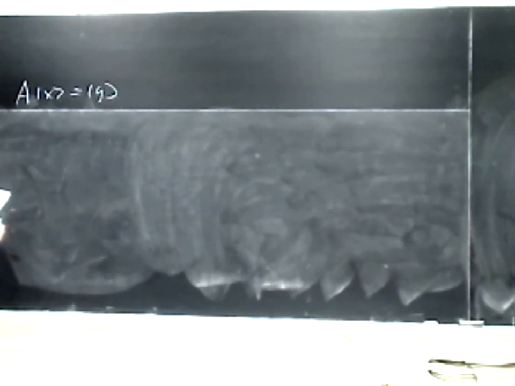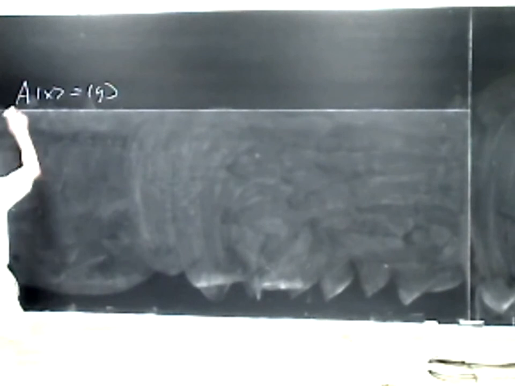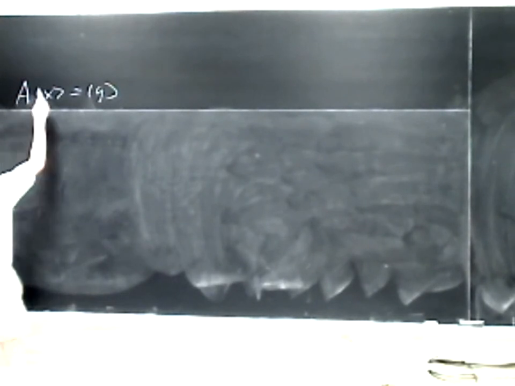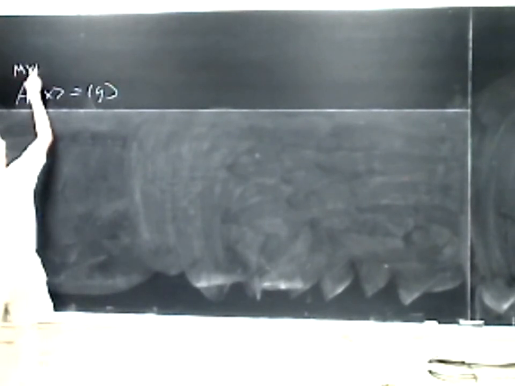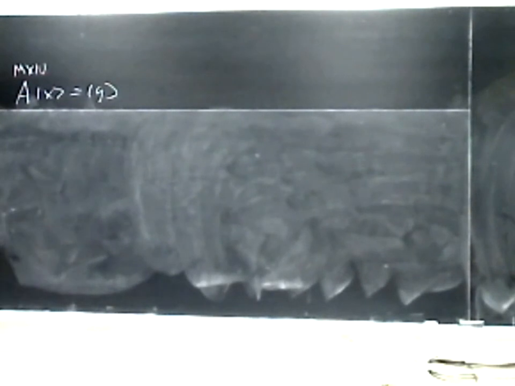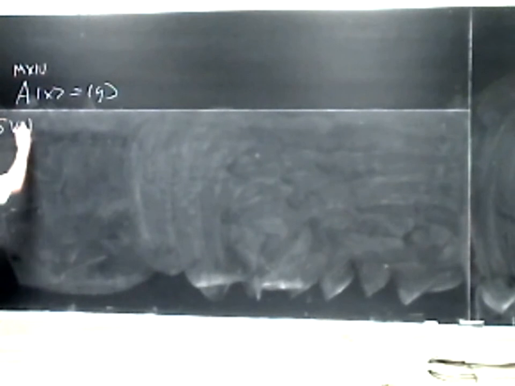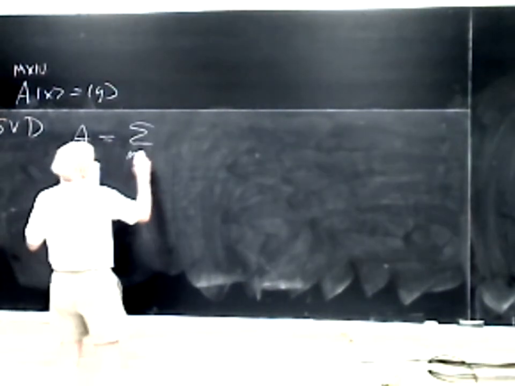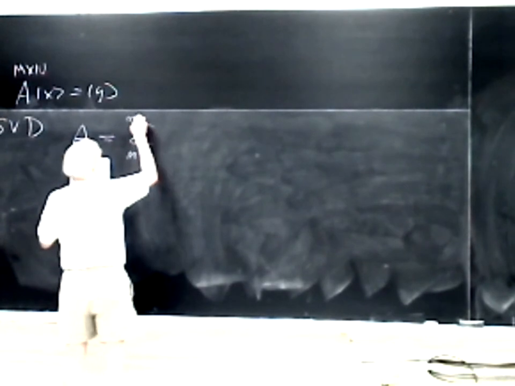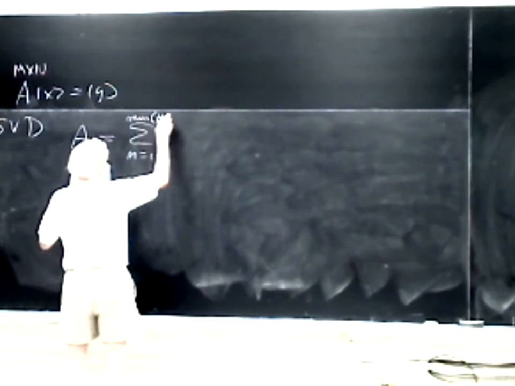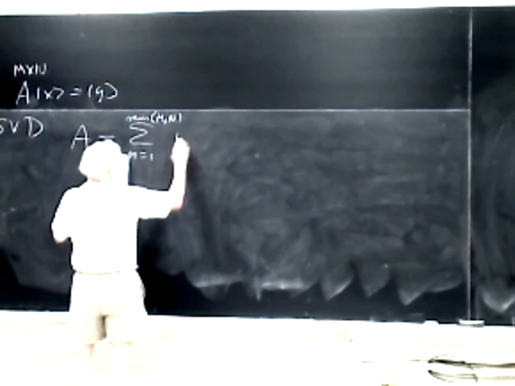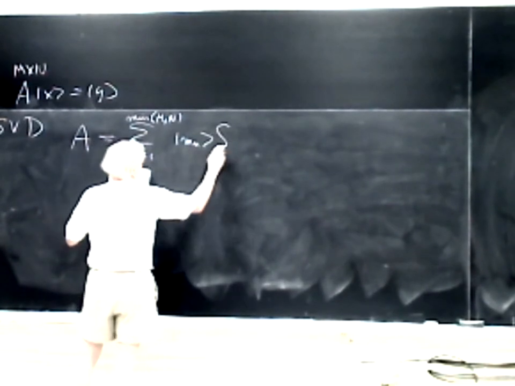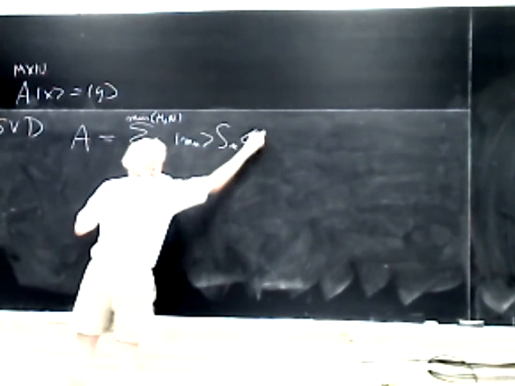And this A, we're thinking here that this is an n by n matrix. So we use the SVD expansion for A, which is a sum over n from 1 to the minimum of m and n of m sub n, s sub n, n.